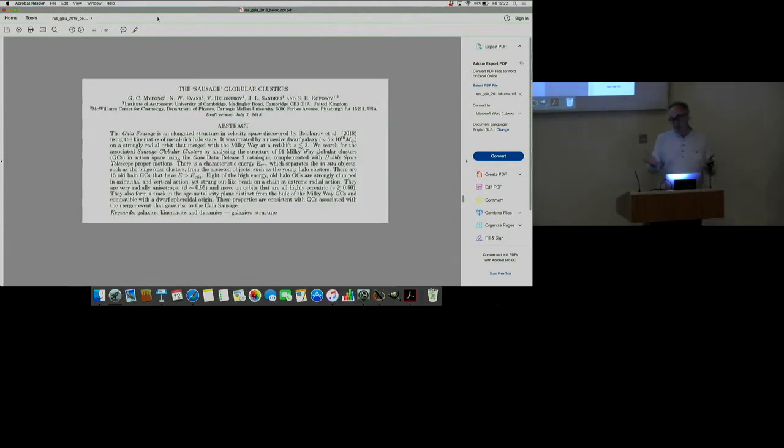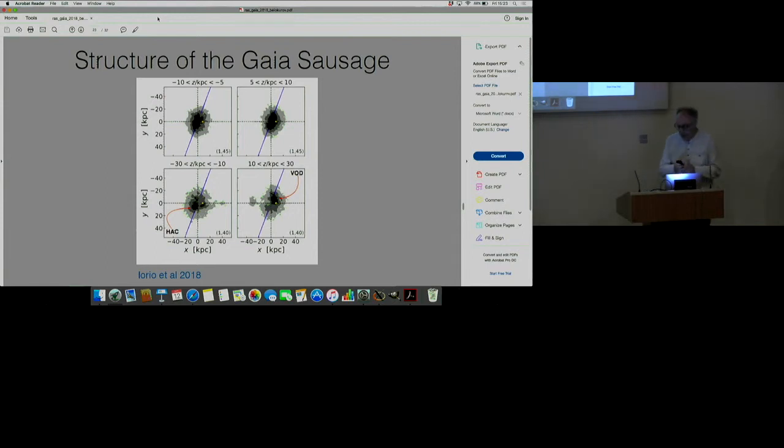There's more evidence, rather than just the eccentricity of these globular clusters, that they are associated with an early infall event. And this paper, the sausage globular clusters, describes that evidence. I'm going to show another plot now, which is the structure of the Gaia sausage.